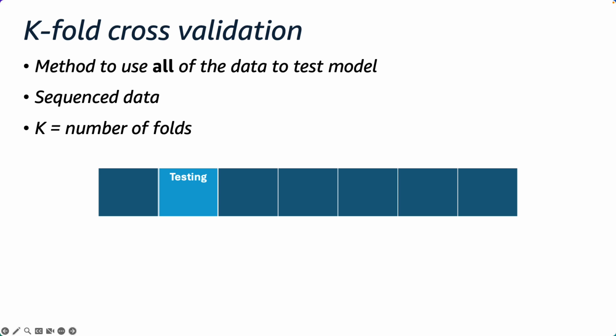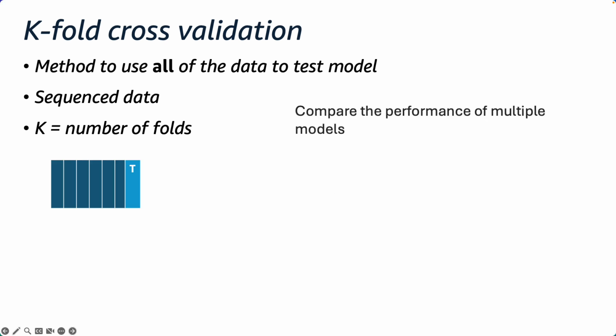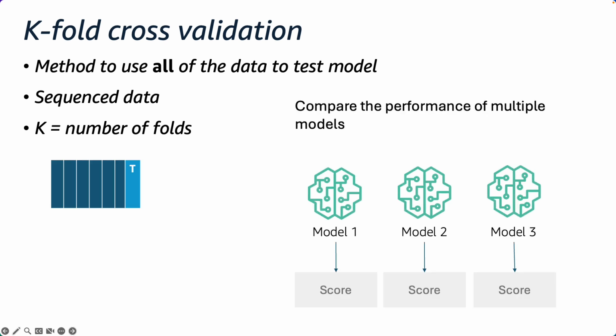And then the other data is used to perform training, and now the second fold is used for testing. And this process continues until we reach the end of the data set. And at the end, we have trained our model multiple times, using all of the data for training and all of the data for testing. And you can compare the performance of multiple models.